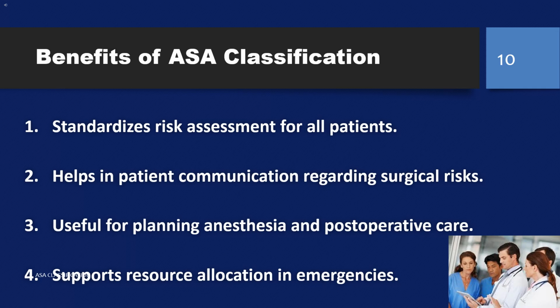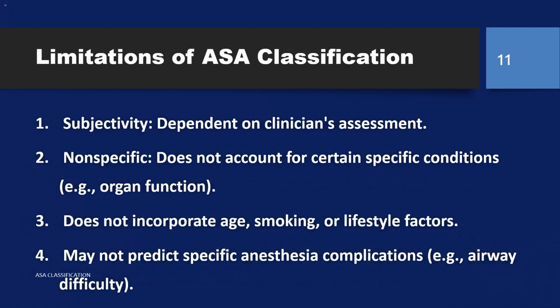The ASA classification supports resource allocation in emergency situations. 2. Prioritizing care. It helps care teams prioritize care and allocate resources effectively. The ASA classification provides numerous benefits, including standardizing risk assessment, improving patient communication, guiding anesthesia and postoperative care, and supporting resource allocation.